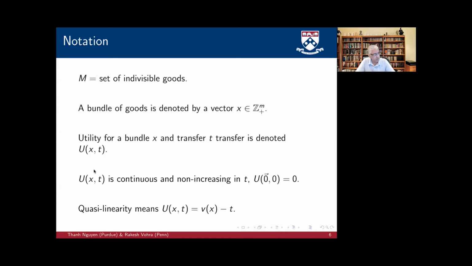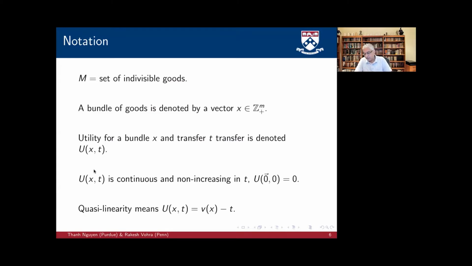I'm going to use capital N, M, to denote a set of indivisible goods. A bundle of goods is denoted by a vector X with non-negative integer components. And this vector X should live in some bounded set, meaning that no agent is going to be interested in consuming an infinite number of any good.